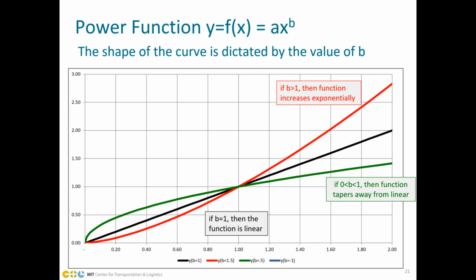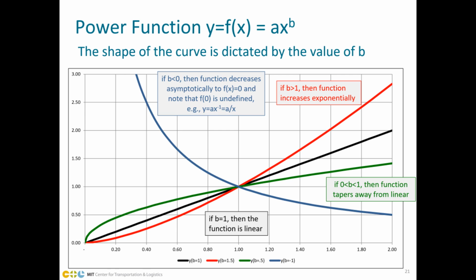And then one case that I want you to look at is what happens if b is less than 0. So if b is negative, then this means this function will decrease asymptotically to 0. Asymptotically simply means it approaches but never reaches. So this function, this purple one that goes from the top left all the way down, will keep getting closer and closer and closer to 0, but will never ever reach it.